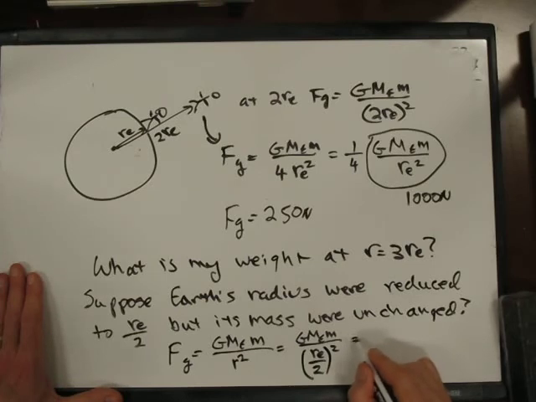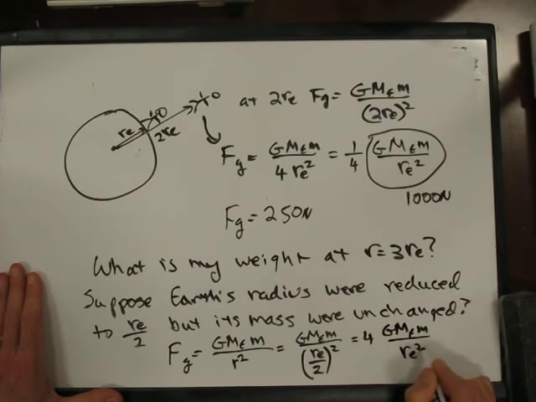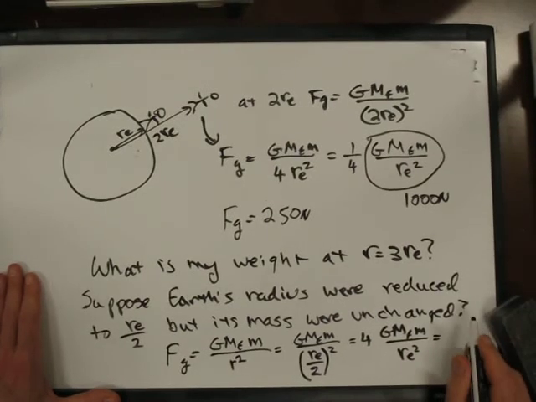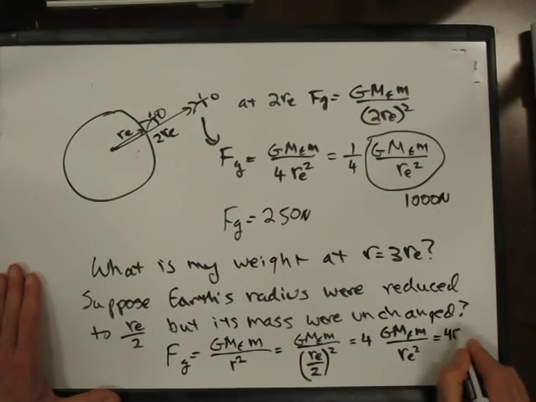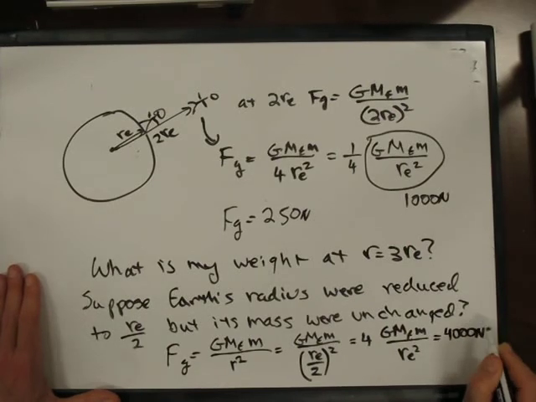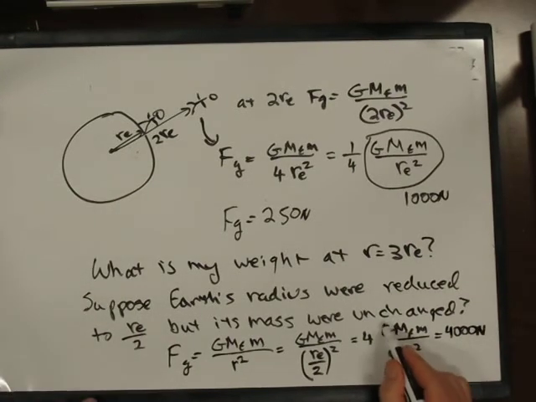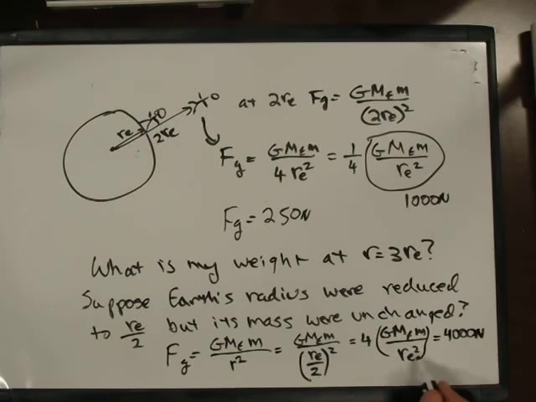And so this becomes 4 times G times the mass of the Earth times the mass of me over the radius of the Earth squared, because when I square that I get RE squared over 4, and denominator to denominator becomes the numerator. This is equal to 4,000 newtons, because this piece here is just my weight on the surface of the Earth.